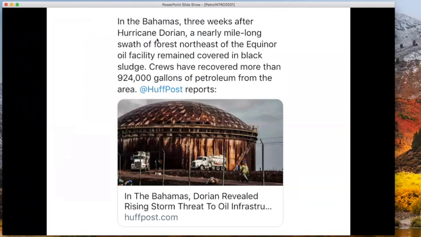In the Bahamas, when they got slammed by Hurricane Dorian, the refineries down there leaked. And we discovered almost 1 million gallons of crude oil that had been spread around all of the Bahamas by that storm. So building these things in areas that get big storms is problematic. But that's also where the oil's at. So that's why we build them there.